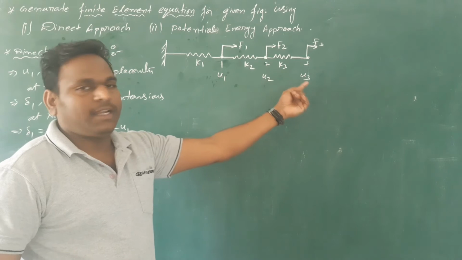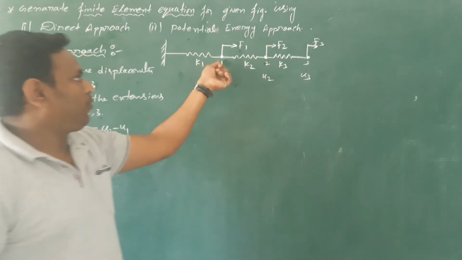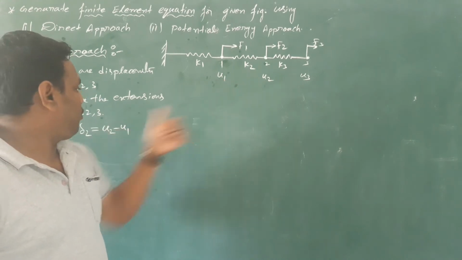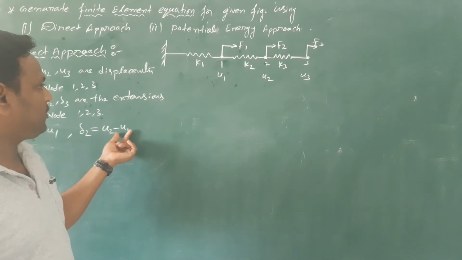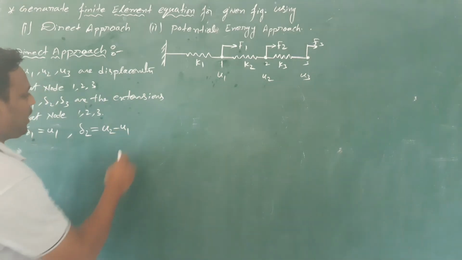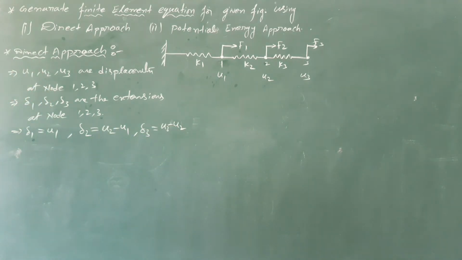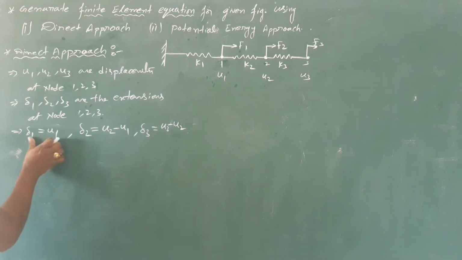Extension means deflection. So delta 3 is also U3 minus U2. This is very important to know in order to solve this problem. We should know how to write these deflection and displacement relations.